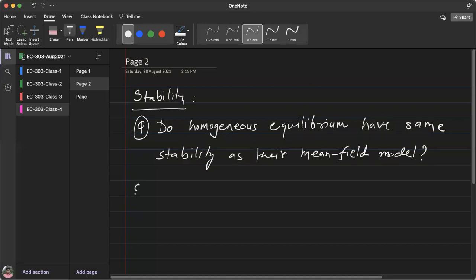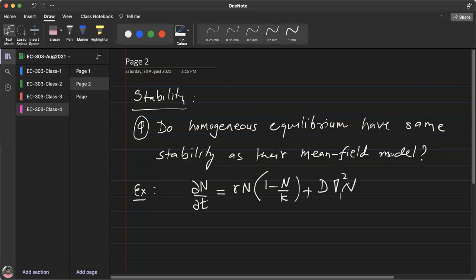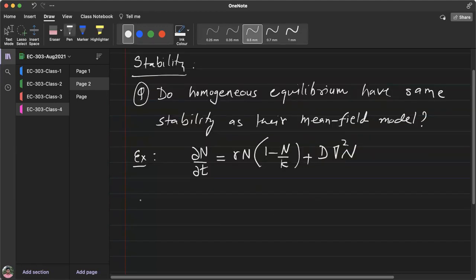Now again, take the example of the logistic model, logistic model with diffusion. Let's now take n star, n of x, equal to 0 for all x.